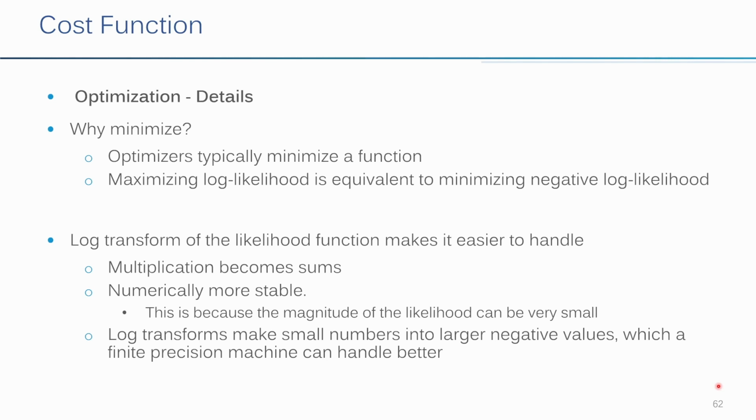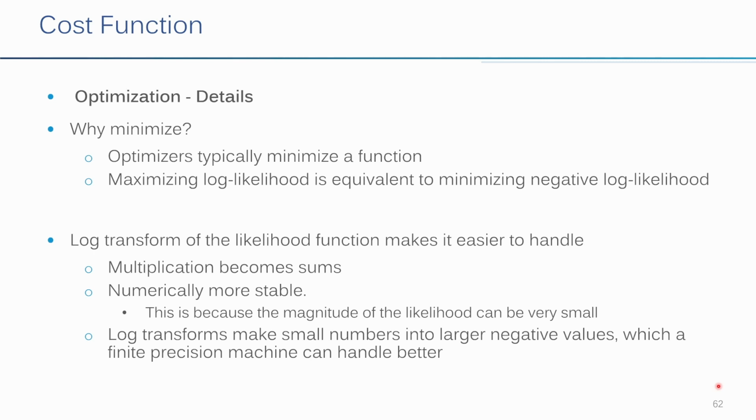Okay, so some optimization details. You might ask why we simply don't work on maximizing the probability of a given label or class. It's some sort of convention: optimizers typically minimize a function instead of maximizing.